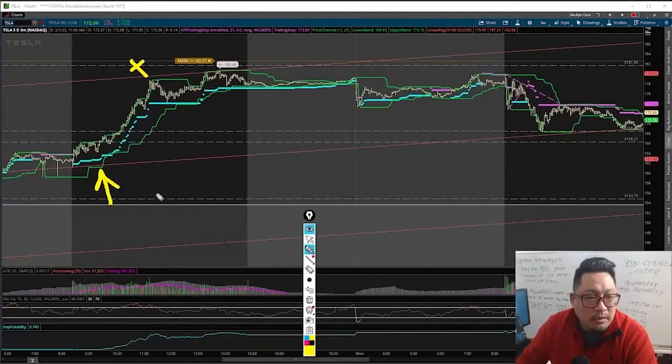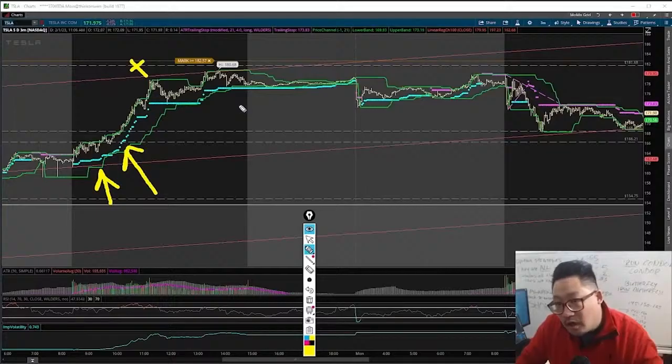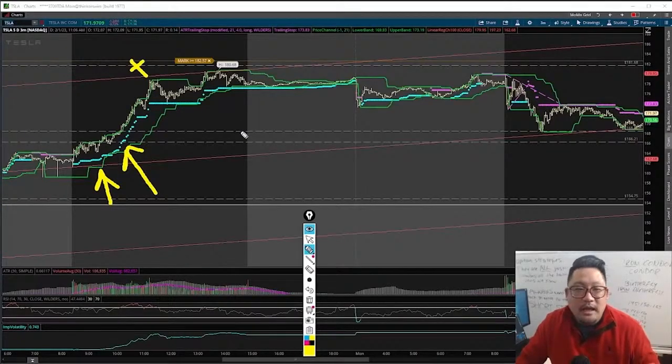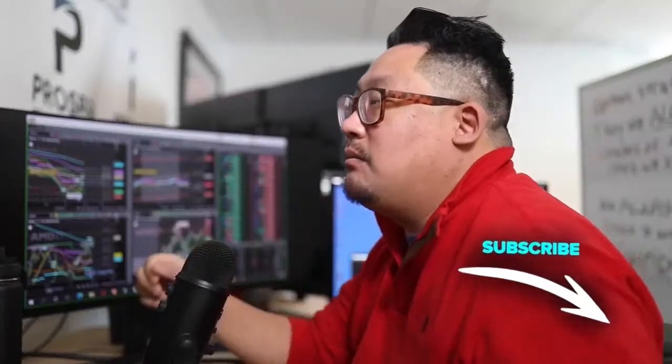But most notably, if you actually look at this, this is Tesla on a 3-minute chart. If you notice, the stop has remained blue. If you recall what I said earlier, when that ATR trailing stop is blue, we should be bull bias. So if you were holding early on in Tesla and we got this run, most people will be like, oh my God, I'm up $4 or $5. Let me take the money and run.